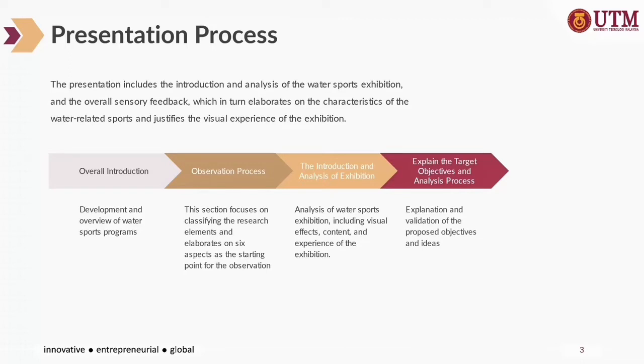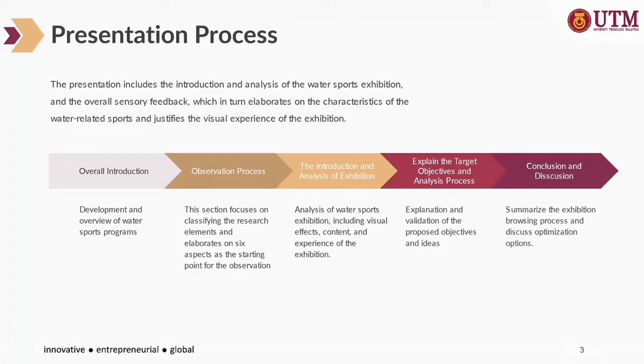This part focuses on the questions we have set in part 1. Through a series of data and information integration, the corresponding conclusions will be shown in this part. So this part is mainly focused on the explanation and validation of the proposed objectives and ideas.